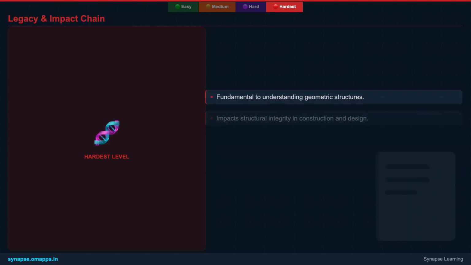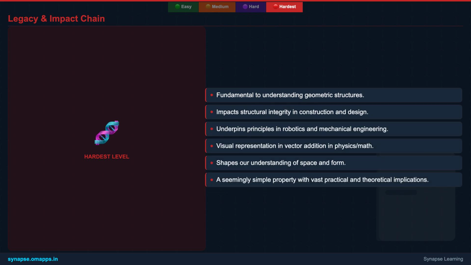The legacy of understanding parallelogram properties extends into advanced mathematics, such as vector spaces, where parallelograms visually represent vector addition. In architecture, the structural integrity of many modern designs relies on the inherent stability of parallelogram frameworks.